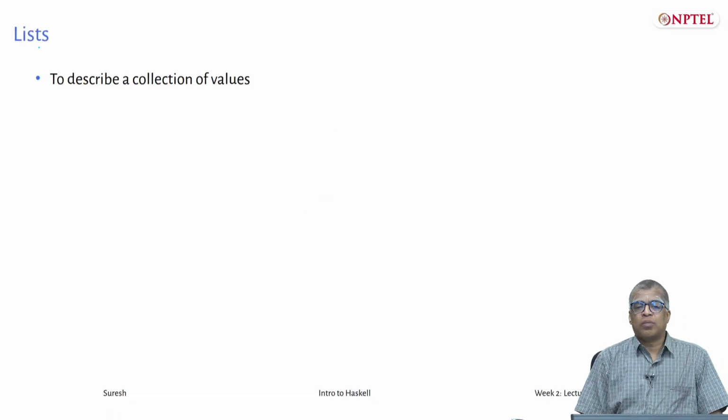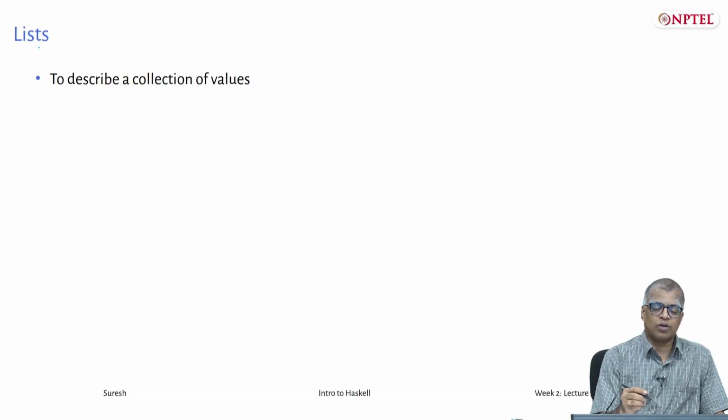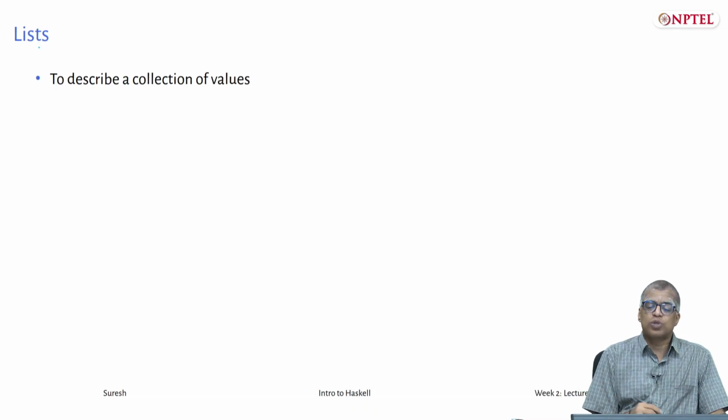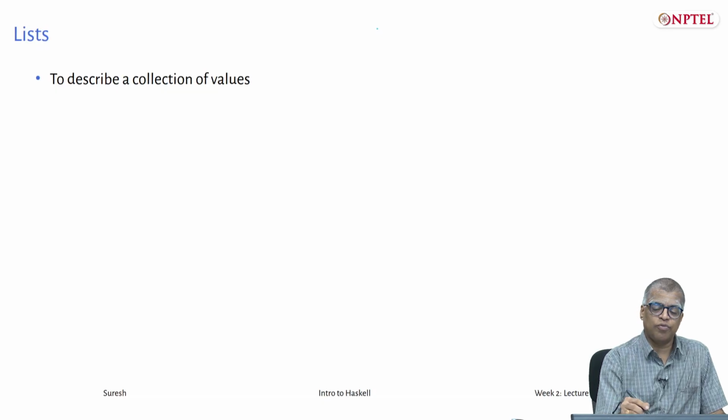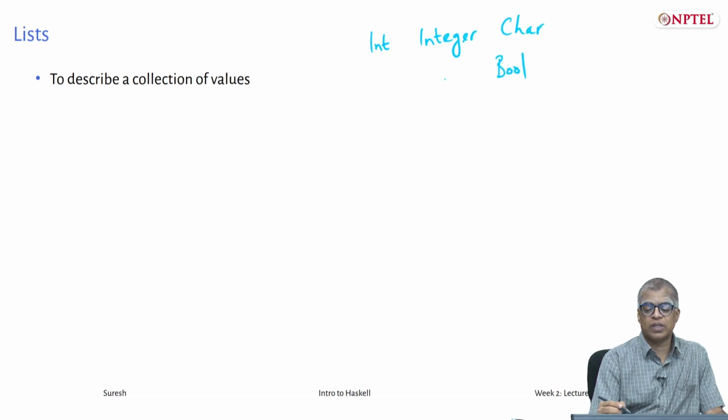In most programming languages, there are ways of talking about a collection of values. So far, we have seen a few simple types: int, integer, char, bool, float, double. We just saw them being used.